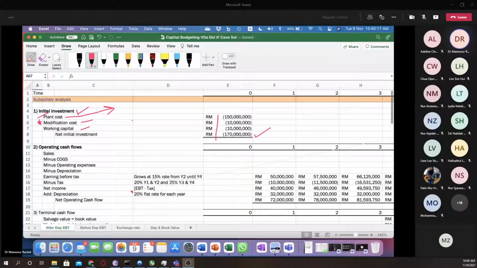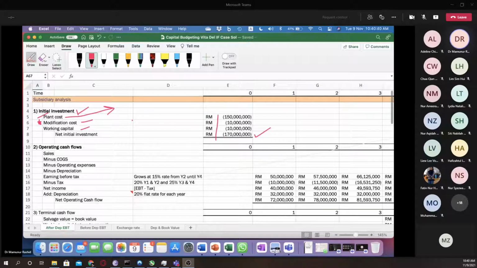Okay, so modification cost will not be included in depreciation cost, but sometimes it depends on the asset. Sometimes if the plant is only a machine, then the modification cost might be included.